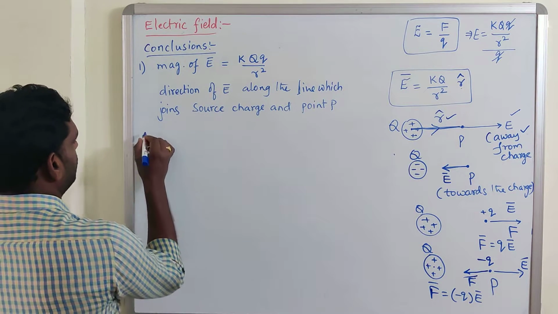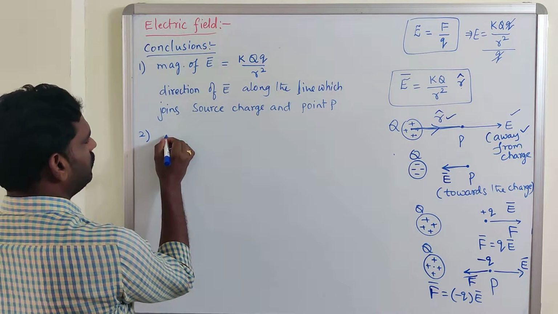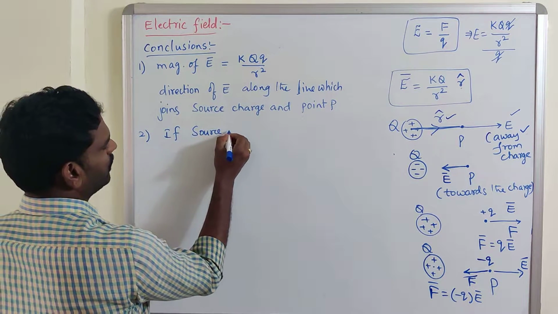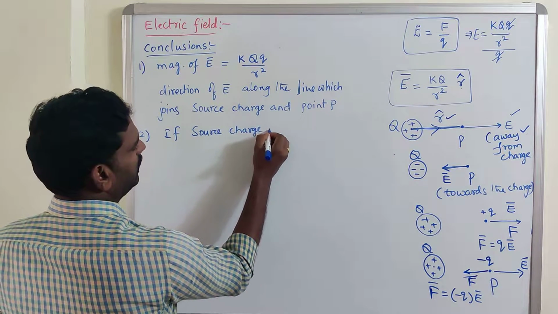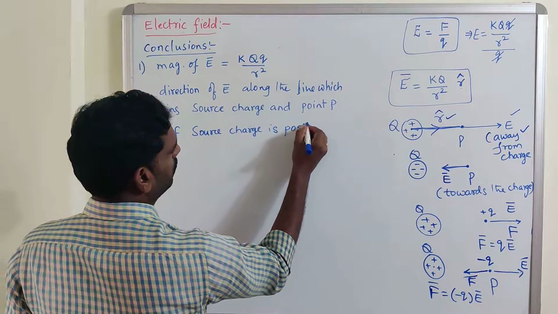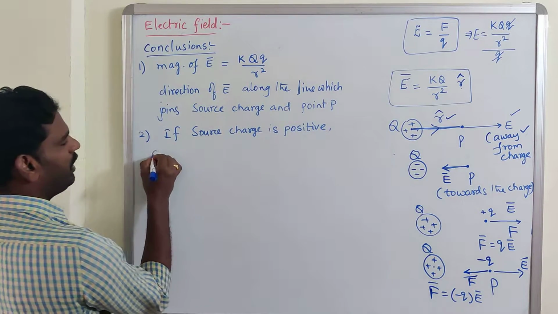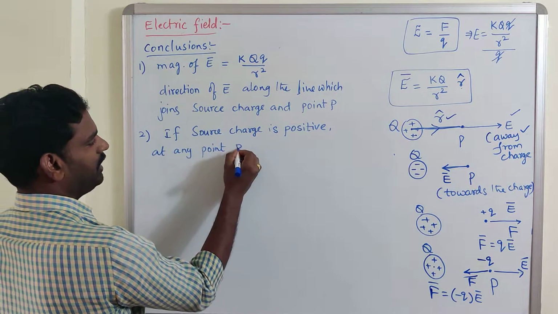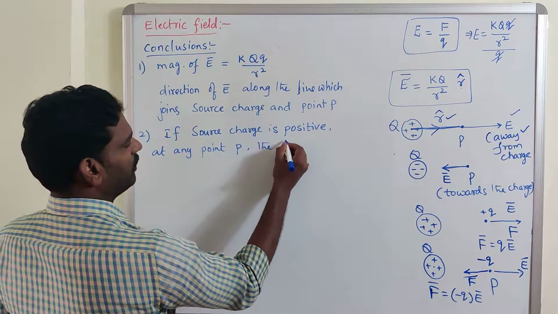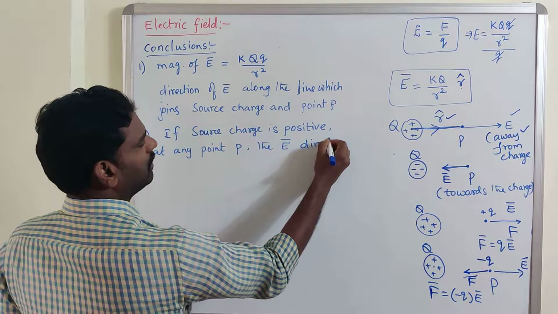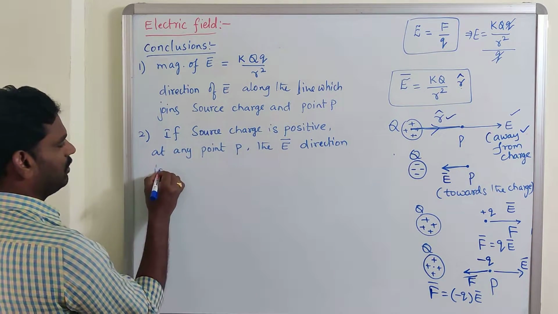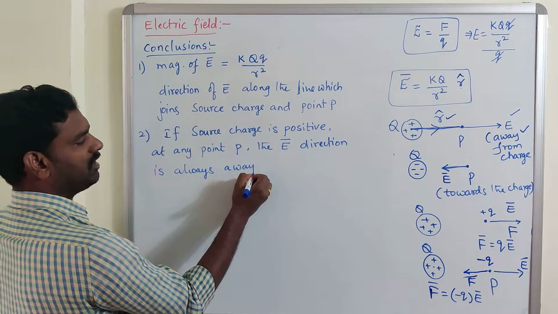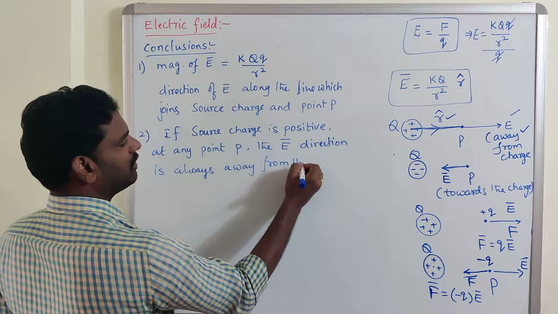Okay. Next, if source charge is positive, at any point P, the electric field direction is always away from the charge.